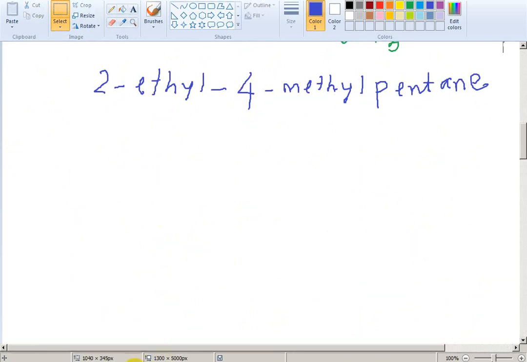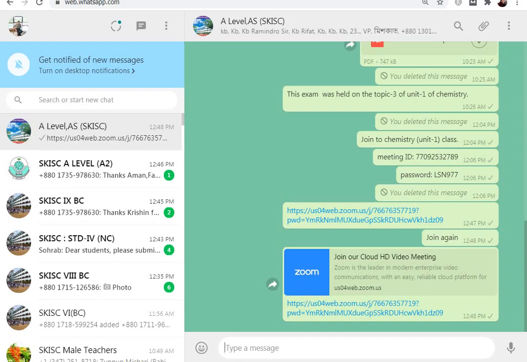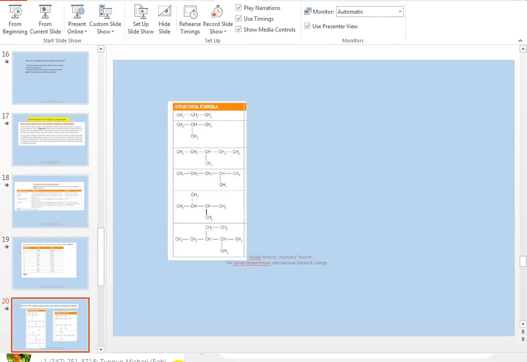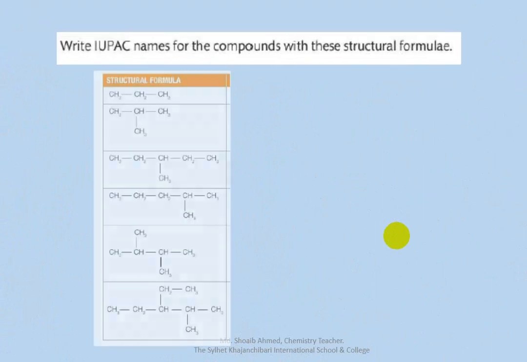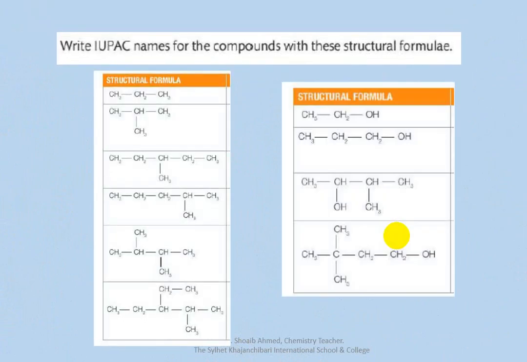Okay, next topic is this compound. This is alcohol.